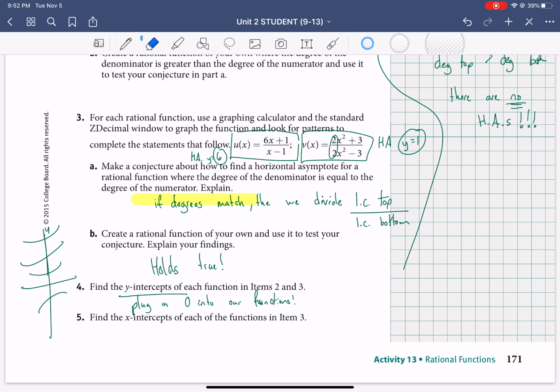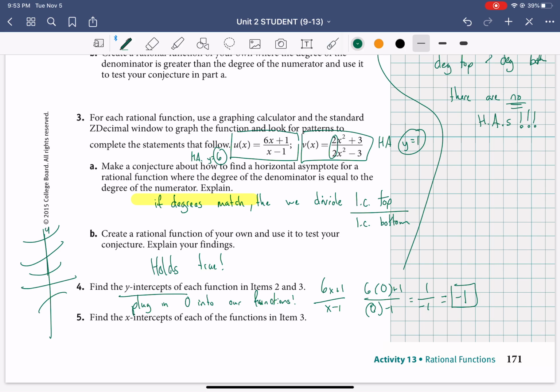So we have 6x plus 1 divided by x minus 1. That's our function. We want to find the y-intercept, so we have to plug in 0. So we get 6 times 0, which is 0 plus 1, so 1. 0 minus 1 is negative 1. We can simplify that to negative 1. So this function would have a y-intercept of negative 1. It's not really that difficult for these, right? We just plug in 0 into our function.